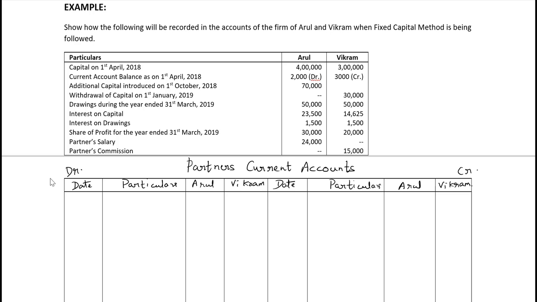For Arul's debit balance, 2018, 1st April, to balance brought down 2,000. And for Vikram's credit balance, 2018, 1st April, by balance brought down.